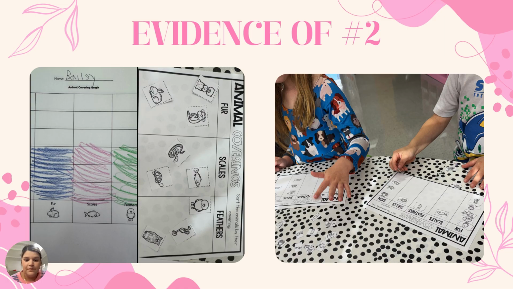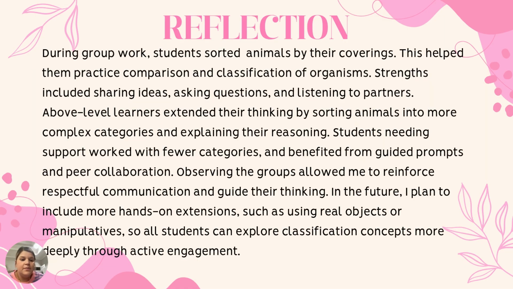So for my reflection on this approach, during our group time, students sorted their animals by their coverings. This helped students practice how to compare and classify organisms. Some of the strengths included sharing ideas, asking questions, and listening to partners.